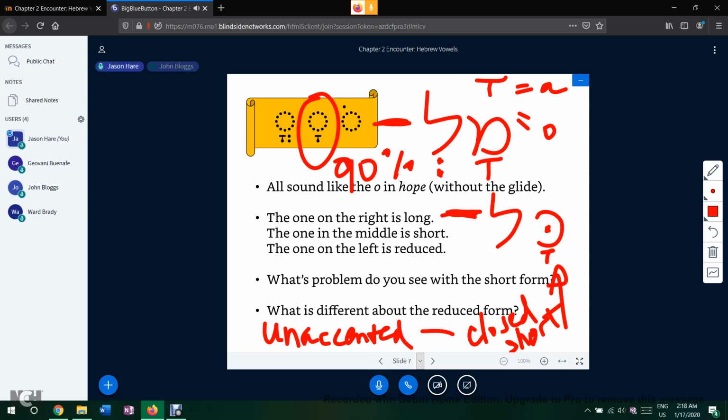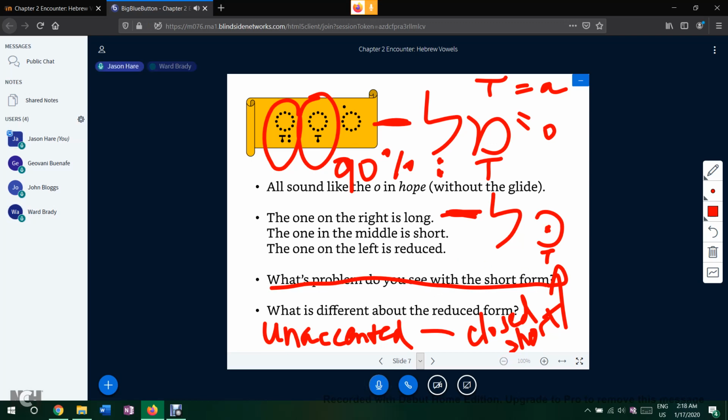But I'm not sure. I don't know if they would always have pronounced kamatz like a short O sound. It's very odd to me. I agree with you. They should have had a different symbol. And this one is the addition of kamatz with shva, and it's also O. So I asked you, what's the problem you see with the short form? Obviously, the problem is that it looks exactly like the long A.